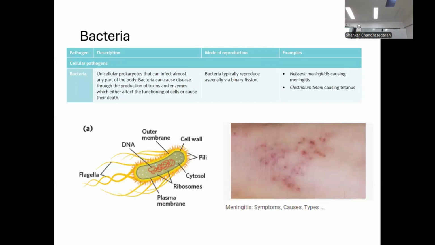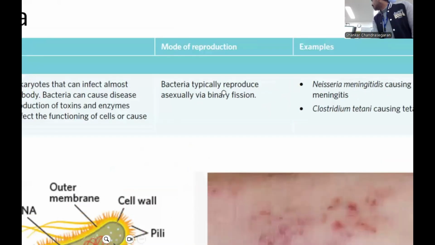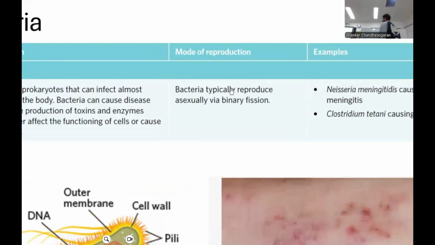But if exposed at the wrong part of the body, or if they are pathogenic, they can cause disease through the production of toxins and enzymes, which counter the functioning of a cell or can even cause it to die. One thing to note is that bacterial cells typically reproduce asexually via binary fission.